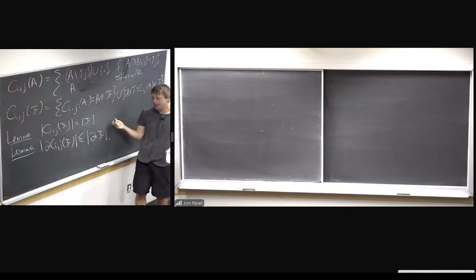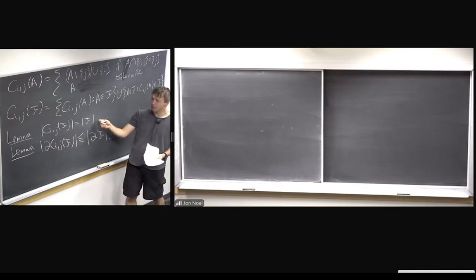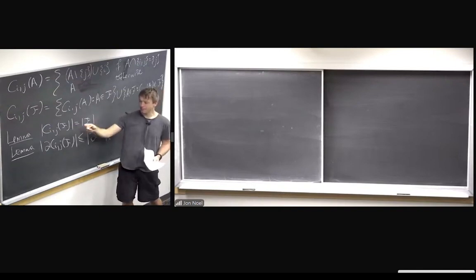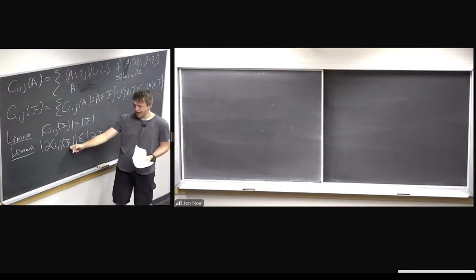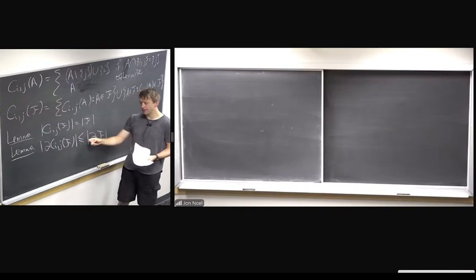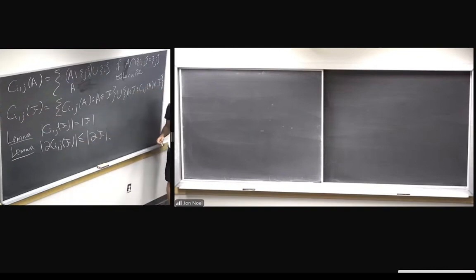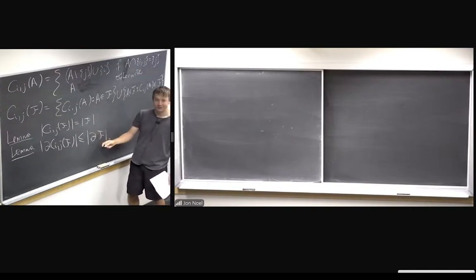But the key thing is it satisfies two properties: the IJ compression of F has the same size as F, and when you do a compression, the shadow doesn't get bigger. It could get smaller, but it couldn't get bigger. This is what I was struggling to explain to you at the end of the class last time.